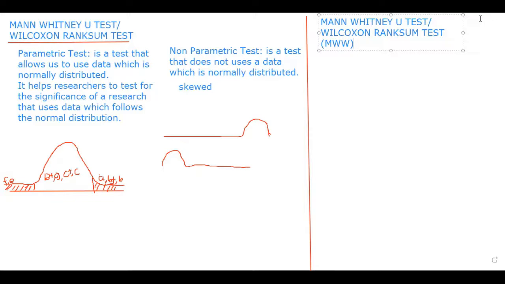Two independent samples. So the populations are two. Unlike the paired one, where you get one population but two samples, that's before and after, that's the paired. But with the unpaired or independent, the populations are two.